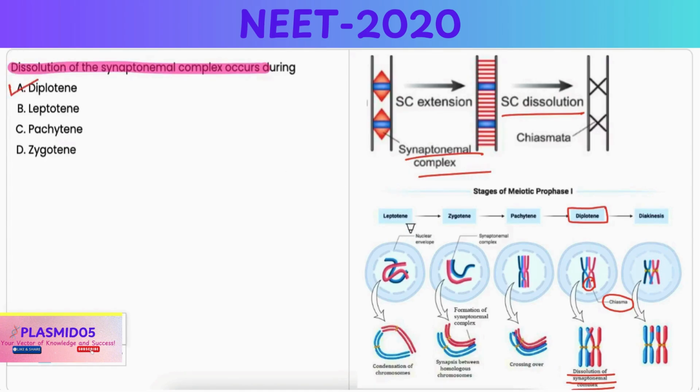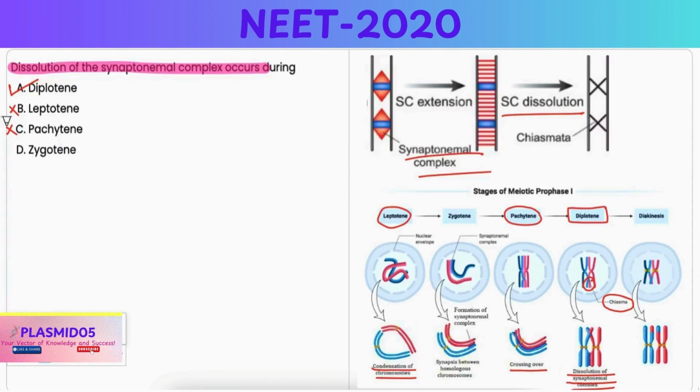Option B, leptotene. This is incorrect. In leptotene, chromosomes start condensing, but the synaptonemal complex is not yet formed. So the question of dissolution does not arise. Option C, pachytene. This is also incorrect. In pachytene, the synaptonemal complex is fully formed and crossing over or the genetic recombination occurs.